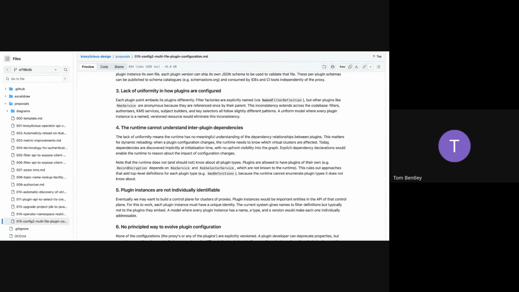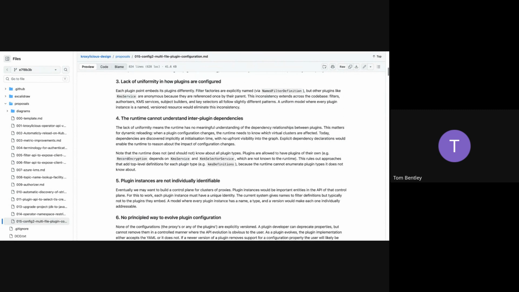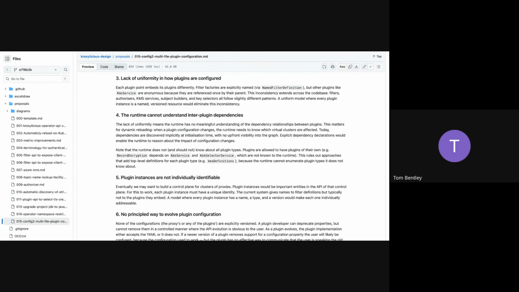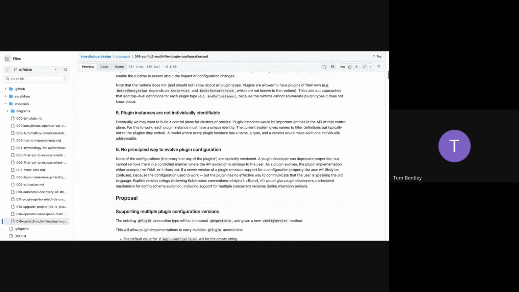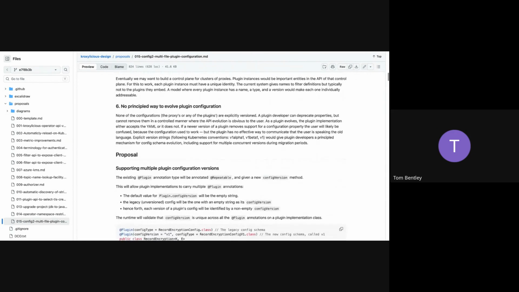And it requires a particular directory layout for how those files are arranged on disk. And it's got all sorts of validations described in there.